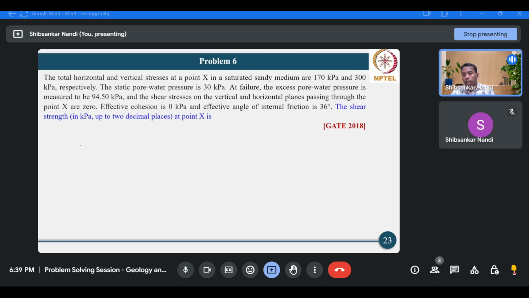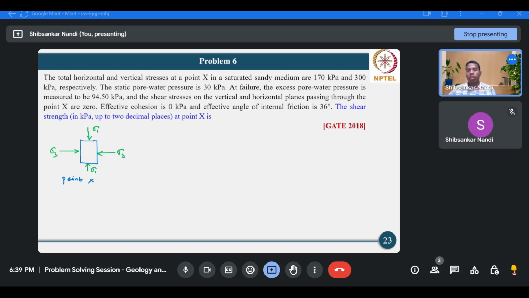Now, if we try to visualize the state of stress at point X, suppose this is point X. You can see that it's acted upon by sigma 1 in the vertical direction and sigma 3 in the horizontal direction. Why?